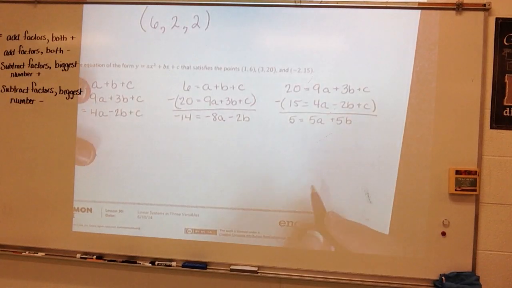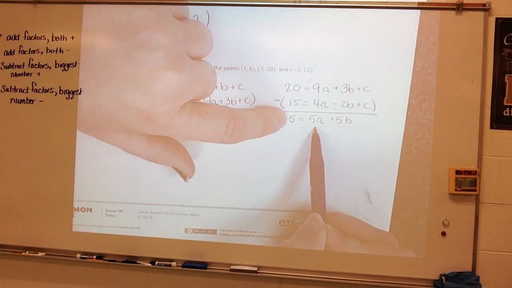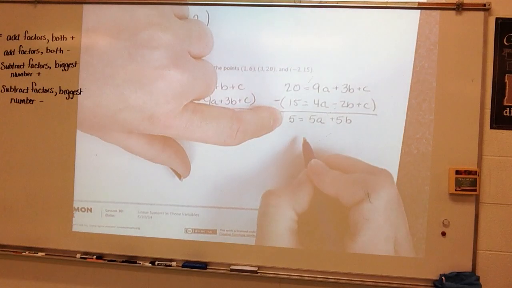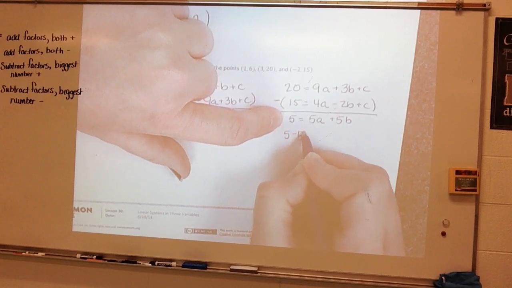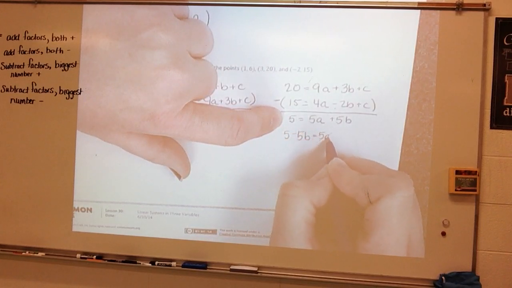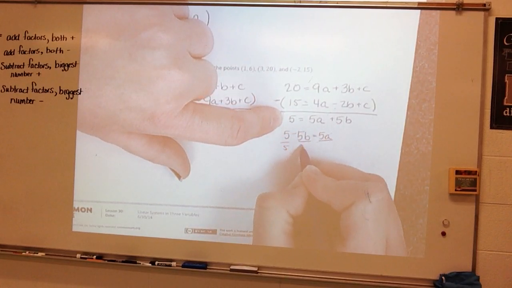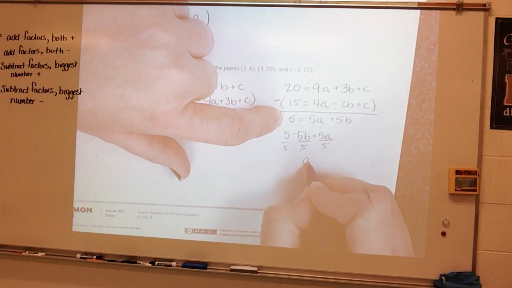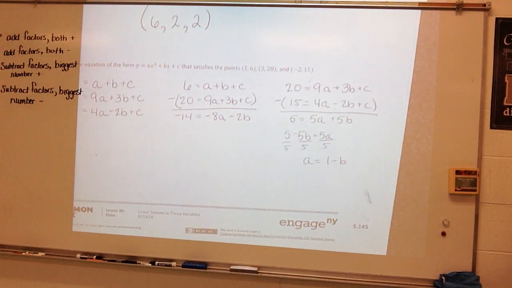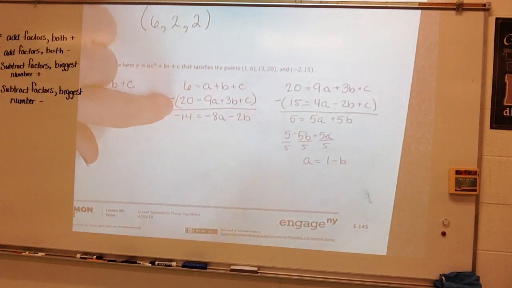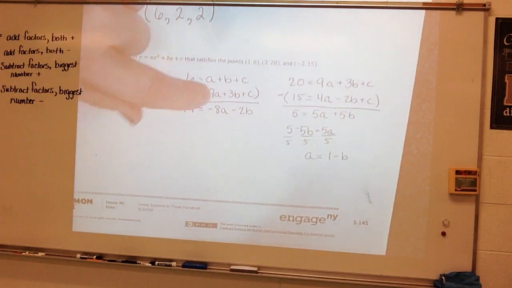So let's go ahead and solve this one for a. So if I subtract 5b, I get 5 minus 5b is equal to 5a. Divide all of that by 5. So a would be equal to 1 minus b. Now I can plug that back in here for a.